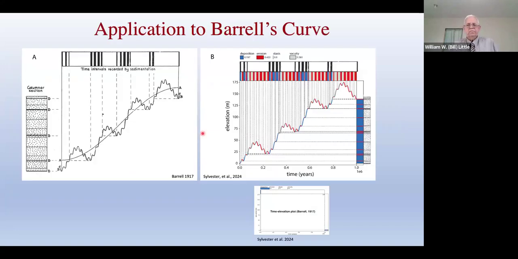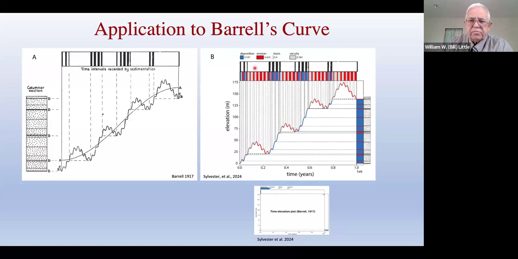Okay, in this figure, Sylvester has actually redone the barrel curve, and in this case, he's tried to distinguish between not just deposition and erosion, but preserved deposition, the vacuity, and then the period of erosion, and indicate how much each one of those parts plays in the role of preservation of the sediment.